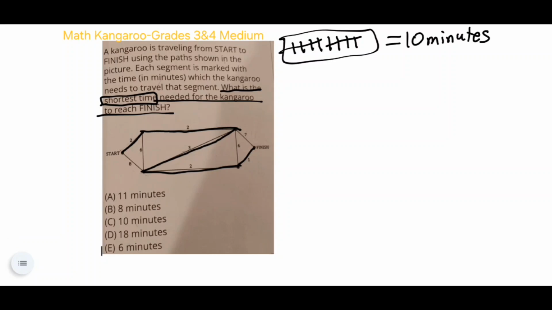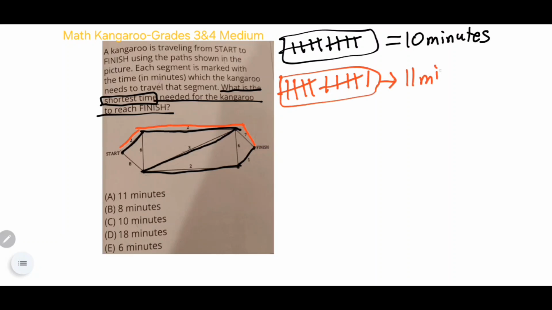Let's try a different path. We can go from the 2 and then on this 2, and then on the 7, as we thought of going originally but didn't. That would be 1, 2, plus 2 more, so 1, 2, plus 7. So 1, 2, 3, 4, 5, 6, 7. This would be 11 minutes.